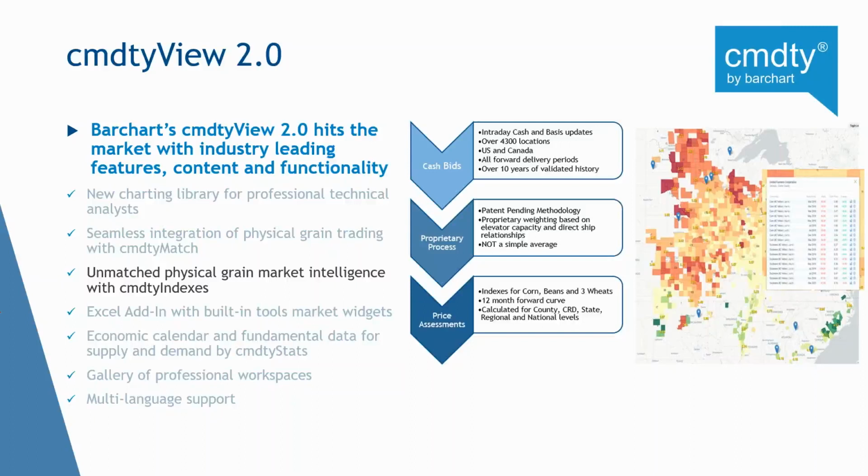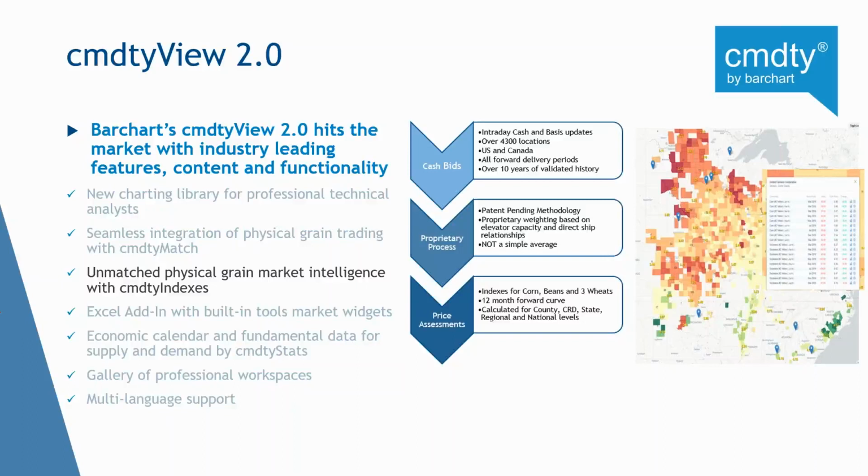We put that raw data through a proprietary process, a proprietary methodology that we have patent pending on. That process uses the capacity of the grain elevators and their direct ship relationships as one of the factors in weighting those indexes. So they're not just a simple average.